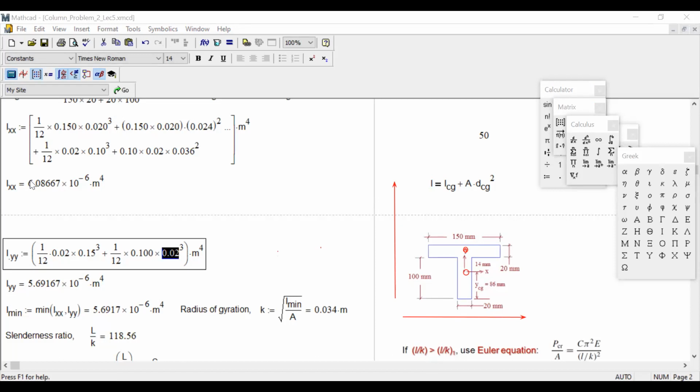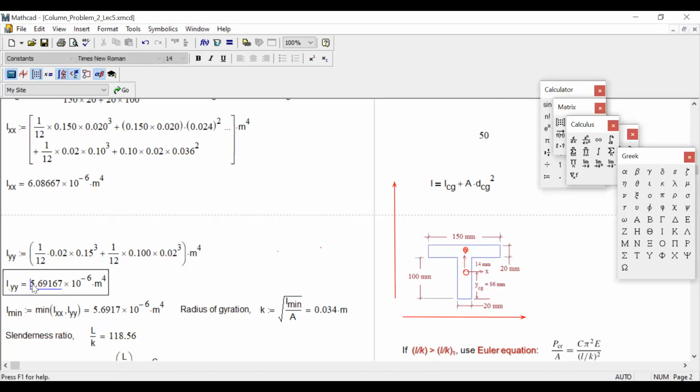So we have IXX, we have IYY. Then we need to figure out which one is minimum. So obviously you see IYY is minimum. So I minimum equal to IYY. In your case, you can look at them to figure out between IXX and IYY which is the minimum value.